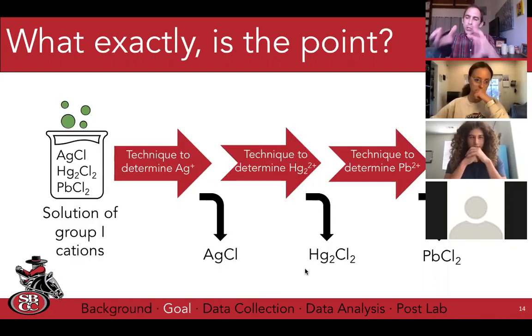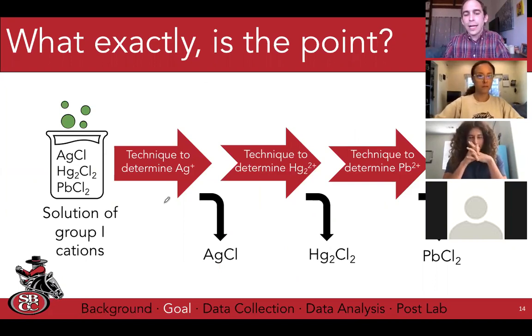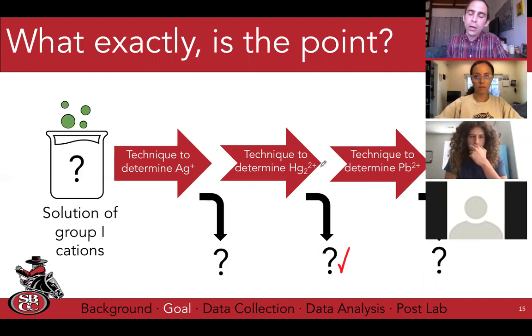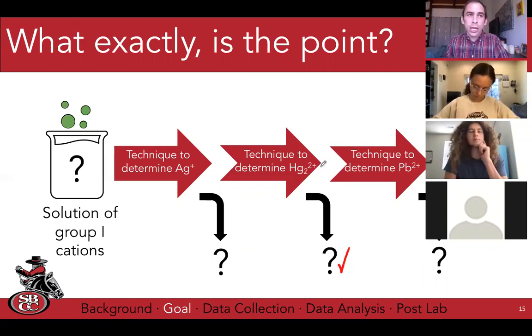Now the question is, if I start you all with a solution of the group 1 cations, can you find techniques to select and individually isolate each one of these chloride precipitates to determine what exists in our solution when I give you a solution of either one or multiple of these group 1 cations? Then once you have calibrated your sensor, again, we are the sensor, you can look at an unknown solution and determine what's in there, like a true detective.